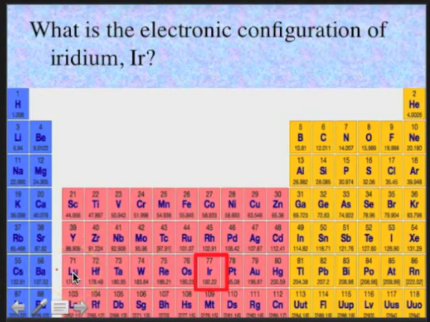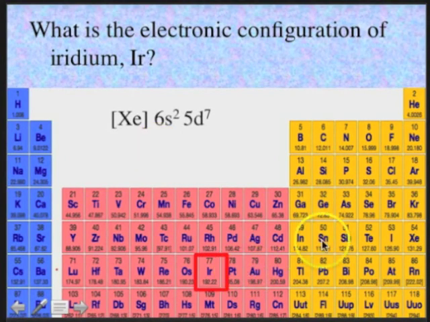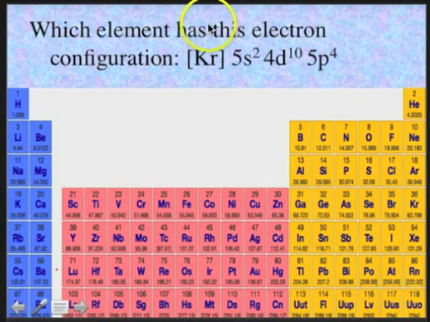And we count over from this first element, 1, 2, 3, 4, 5, 6, 7. It is a 5d7 electron for the last electron in the electronic configuration of iridium. It's going to have the xenon core, 6s2, and then 5d7.